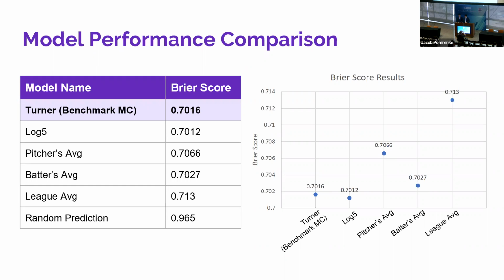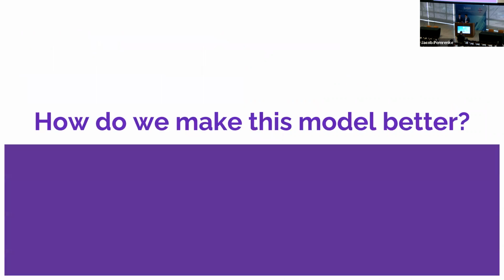Here are the results on the right. Through that, hopefully we have established that the Markov chain matchup model has at least some validity, some predictive power. But now we wanted to figure out how to make this model better.